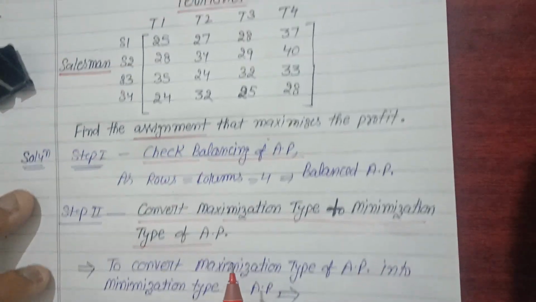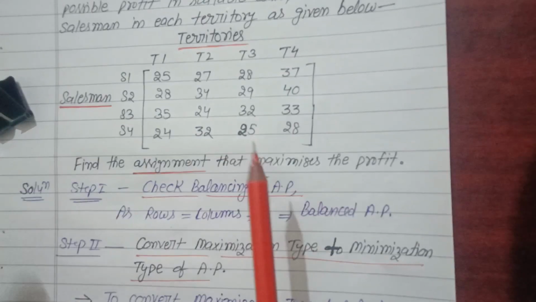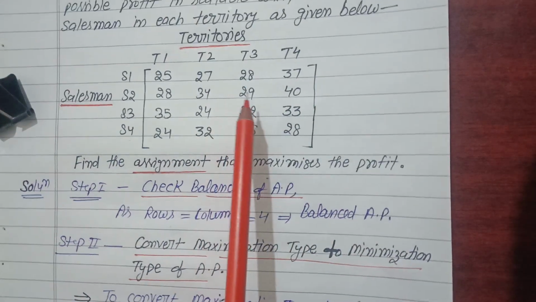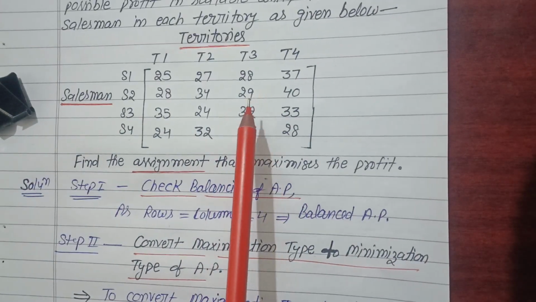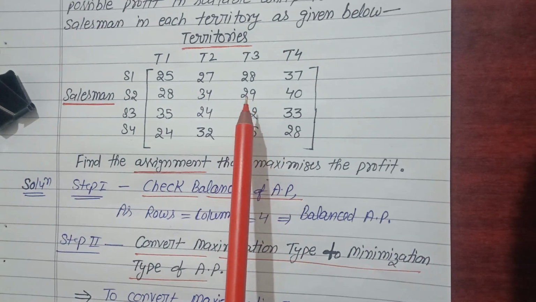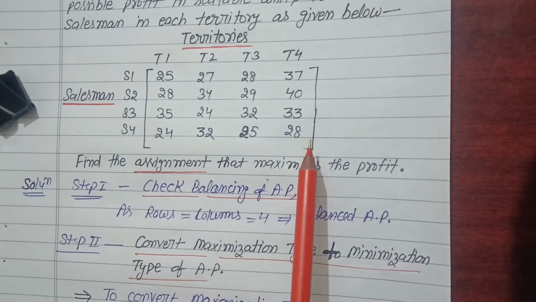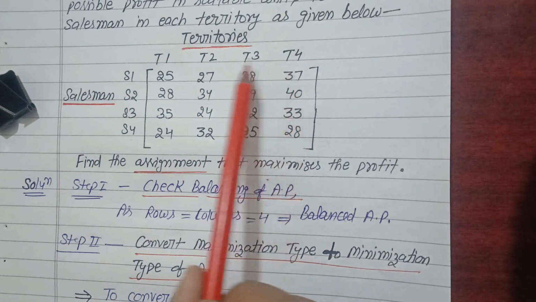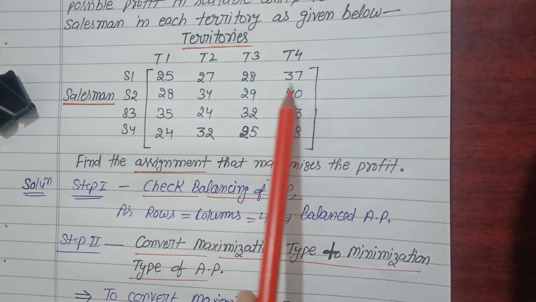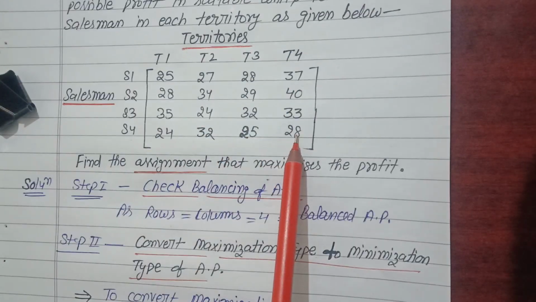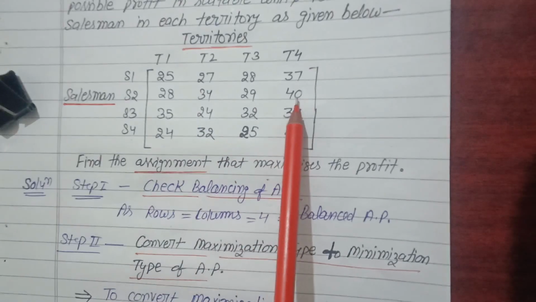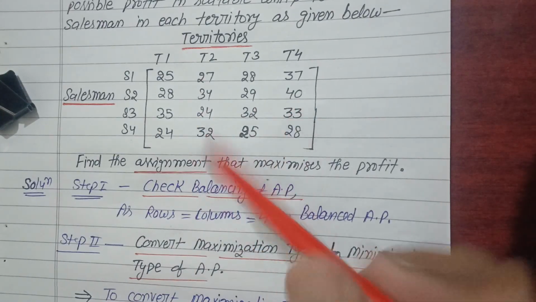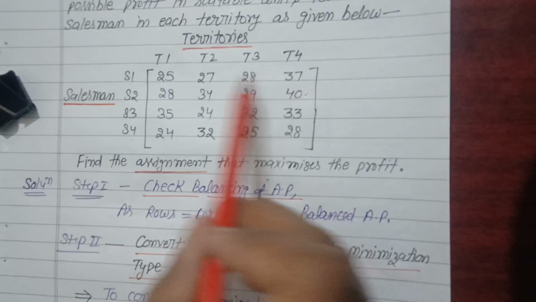Now you know that for converting this maximization type of assignment problem to a minimization type of assignment problem, we first of all have to select the maximum entry from this matrix. Now you will see that 40 is the maximum entry in this given matrix.